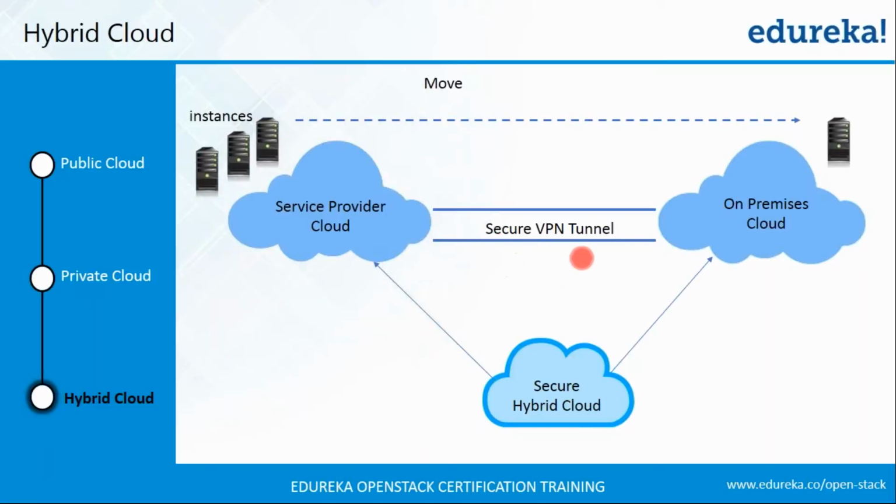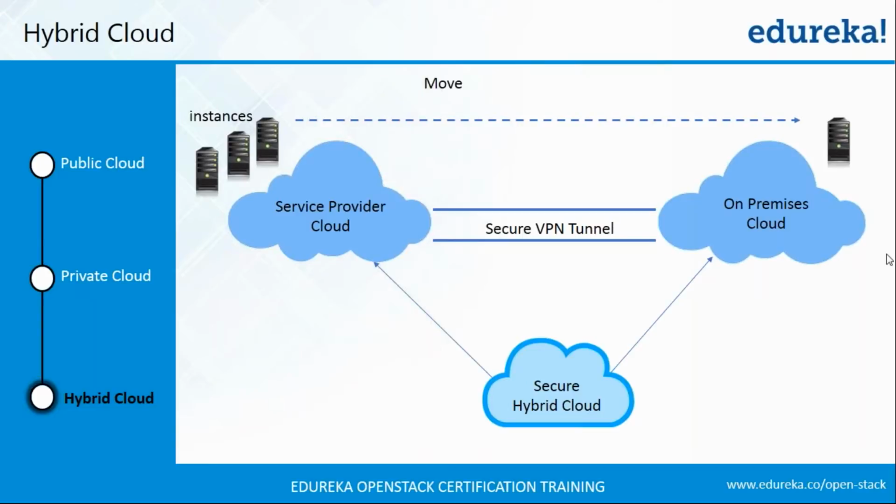These security protocols can be purely defined by you, so that you have full control over who can access this data, and that it is fully secure when you're transferring data from private to public or from public to your private cloud. So these were the types of cloud, a brief overview of public cloud, private cloud, and hybrid cloud.